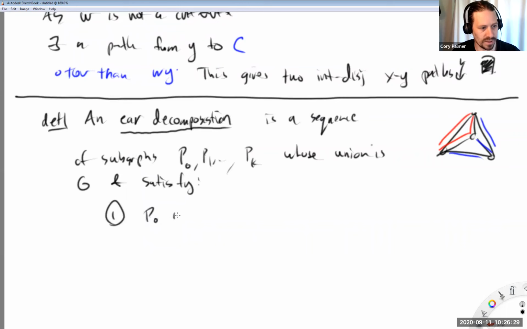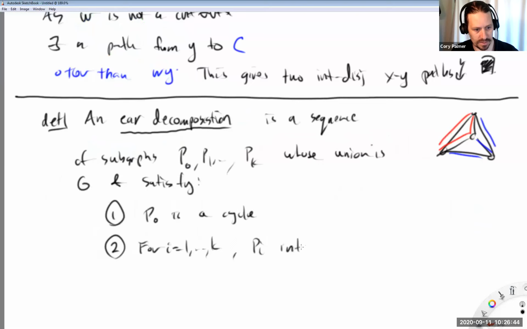So P0 is a cycle in the graph, and each PI, for I equals 1 up to K, intersects the previous ones, P0, P1, up to PI minus 1, in exactly its end vertices.